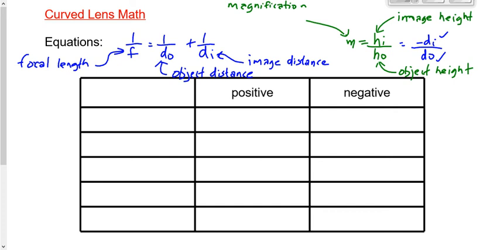If the magnification is 2, then the image is twice as big as the object. If the magnification is 17, then the image is 17 times bigger than the object. If the magnification is 0.5, then the image is half as big as the object. So if m is less than 1, the image is smaller than the object, and if m is greater than 1, the image is larger than the object.